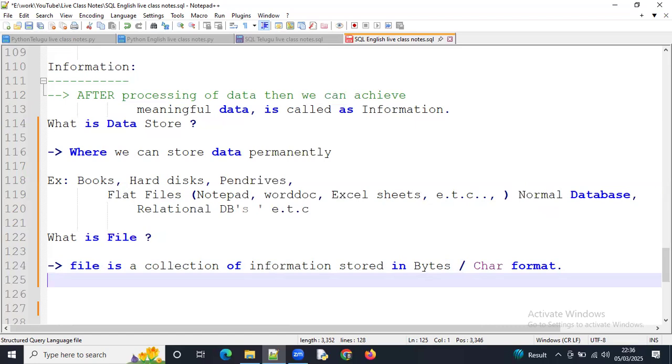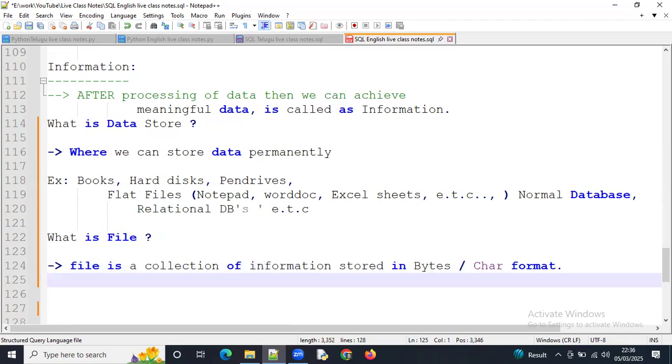Next, it was the first backend database in real time. Firstly, data is stored in files.